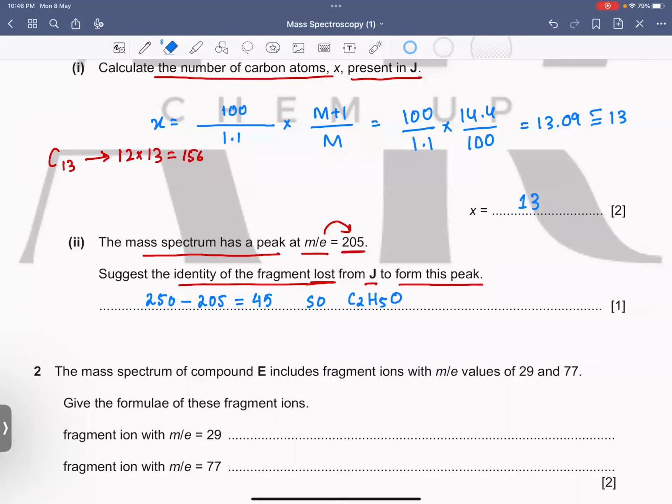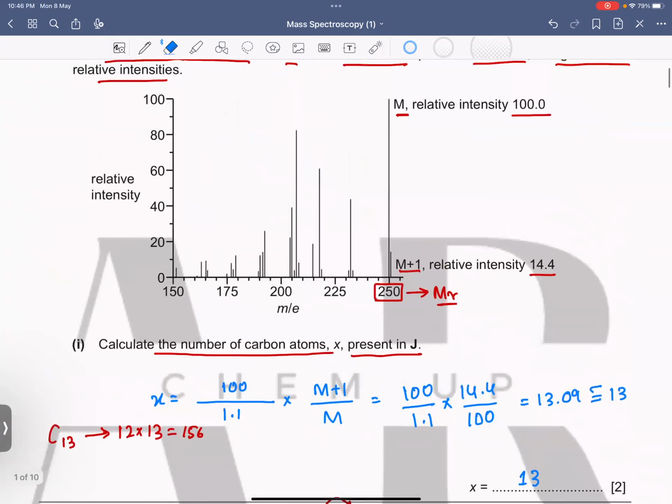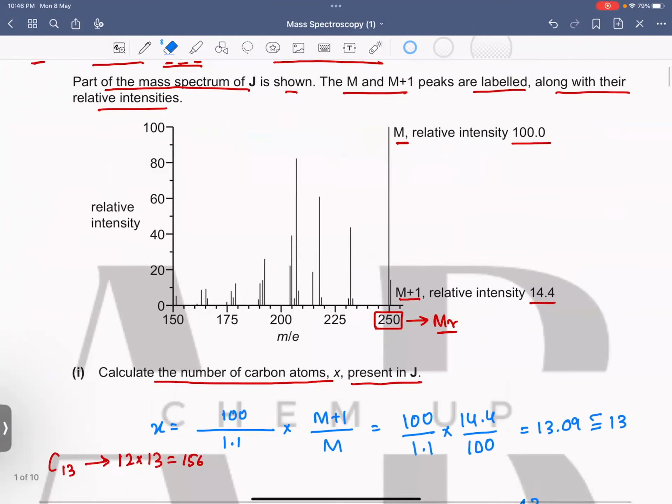Sir, why do we write Mr as mass over charge on the x-axis? Because if you recall, when we discussed mass spectroscopy, electrons are bombarded on the samples, and due to this the compound loses one electron, so it would have a +1 charge, right?